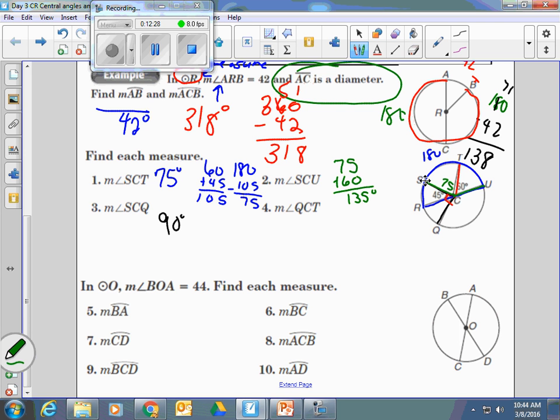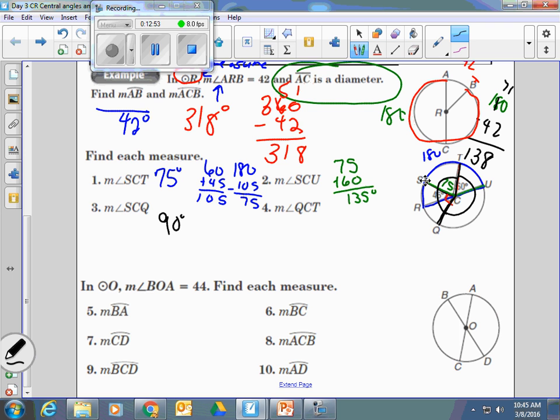And then the last one is asking for QCT. Question: how do I know whether it is this angle or this angle here? Technically, I don't know. What we're going to use is we're always going to ask you for the smaller one.